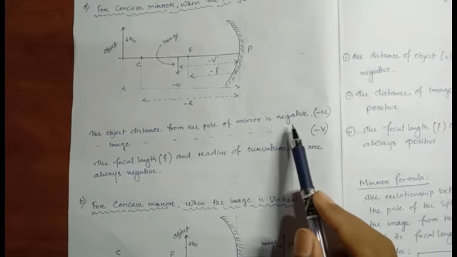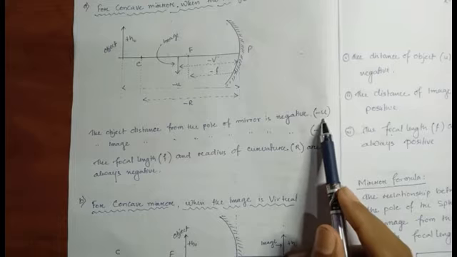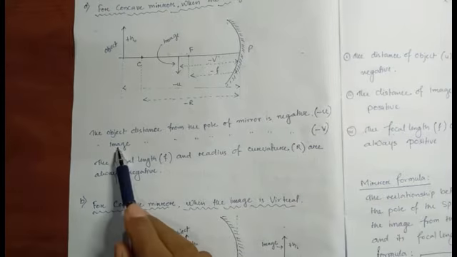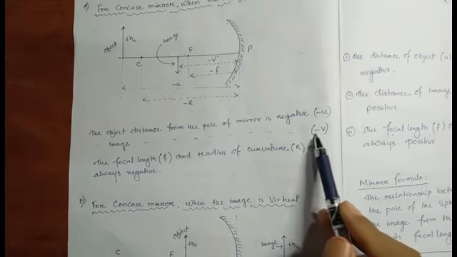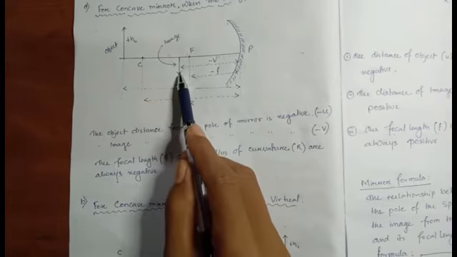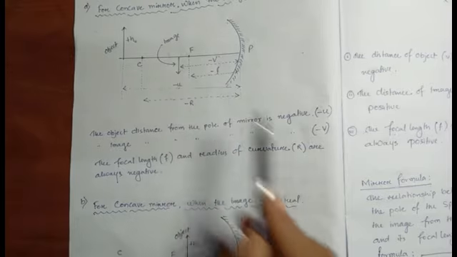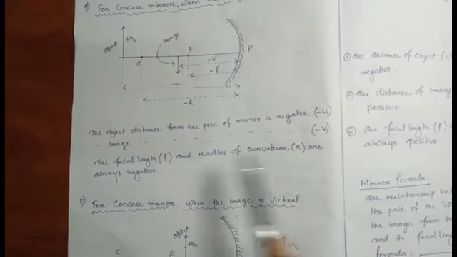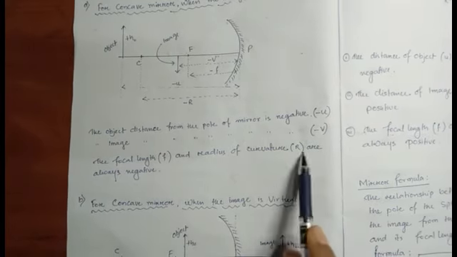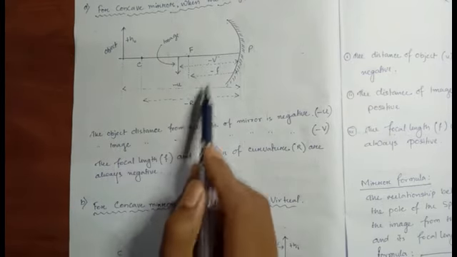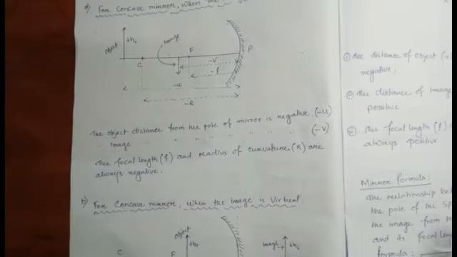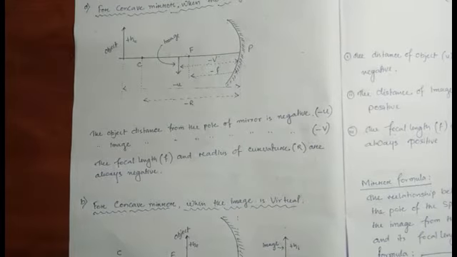So the object distance will be minus u, and the image distance from the pole of the mirror will be minus v, also negative, because real images are always formed in front of the mirror. The focal length and the radius of curvature are always negative because they are always to the left of the pole of the mirror in case of concave mirror.